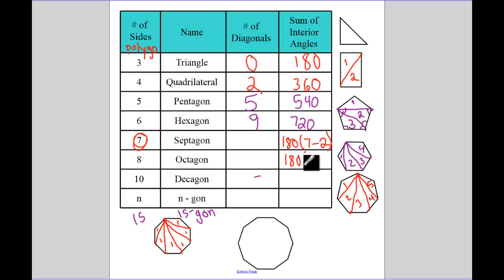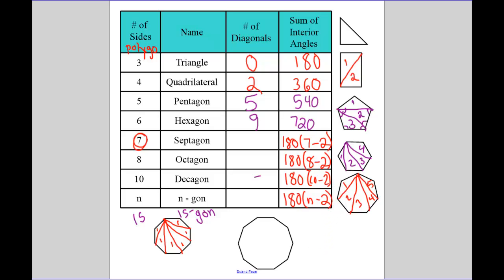So our pattern, or our formula I should say, is 180 times n minus 2.